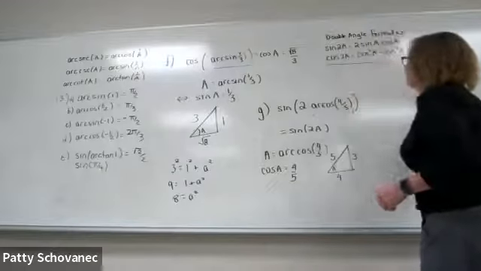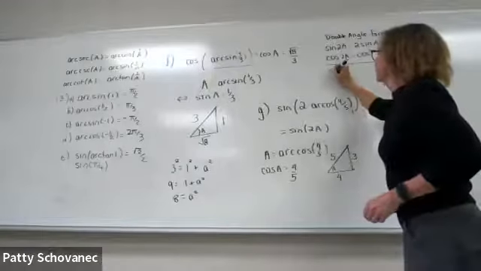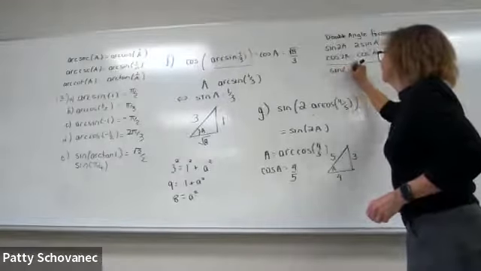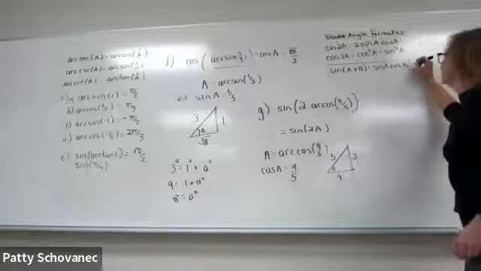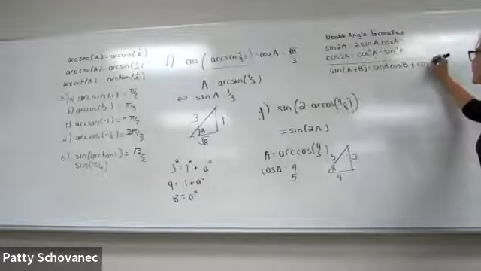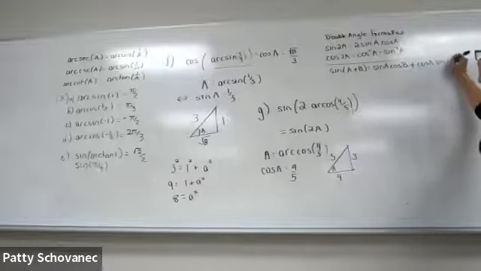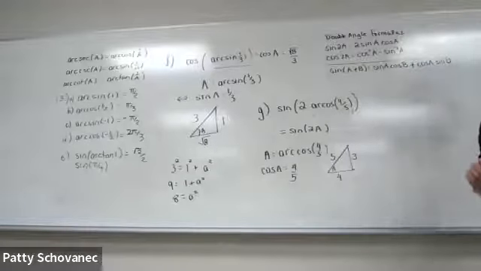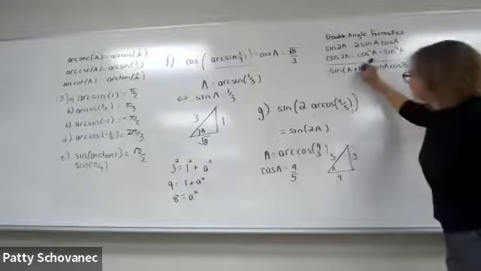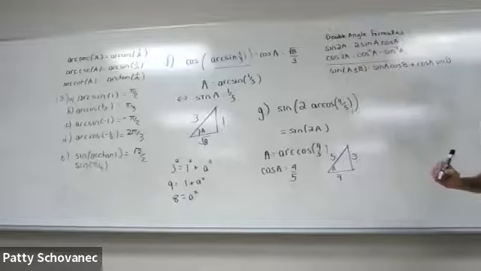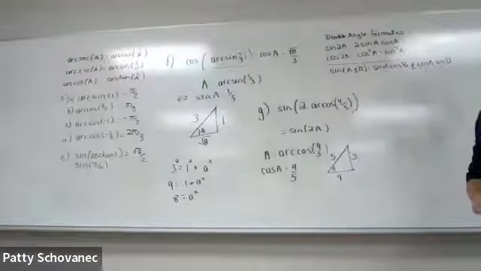Our sum formulas are the sine of A plus B looks like sine of A cosine of B plus cosine of A sine of B. If this has A minus B here, they'll just change that to a minus.